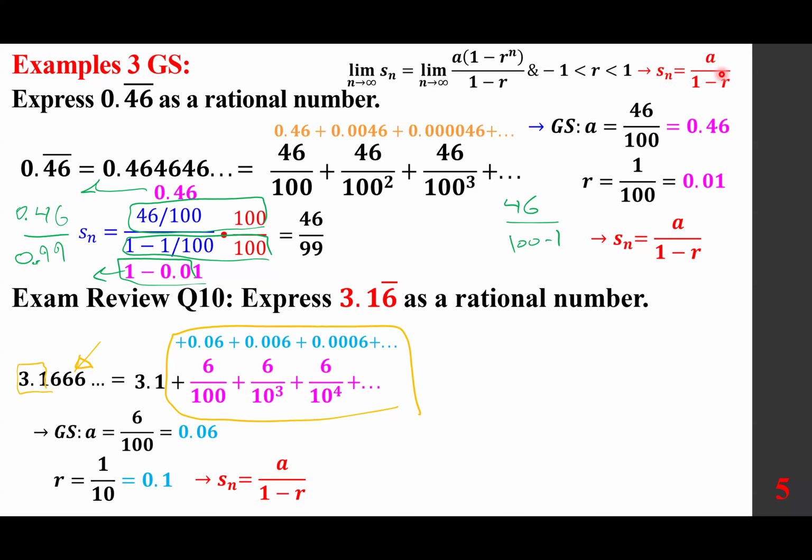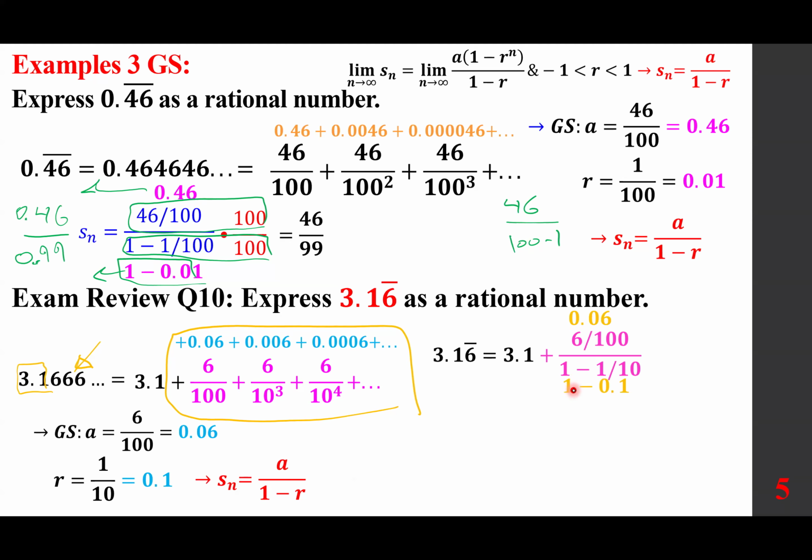So this is 3.1 plus this part, and this part we're going to go with A over 1 minus R. That means 6 over 100 over 1 minus 1 over 10. If we want to go with the decimal, then we're going to put 0.06 here, 1 minus 0.1 here.